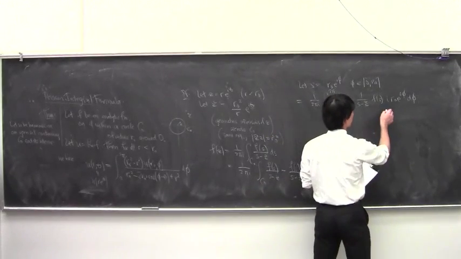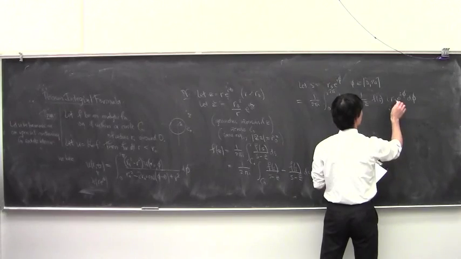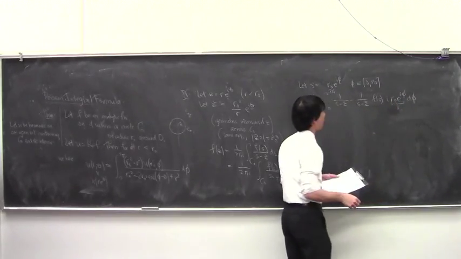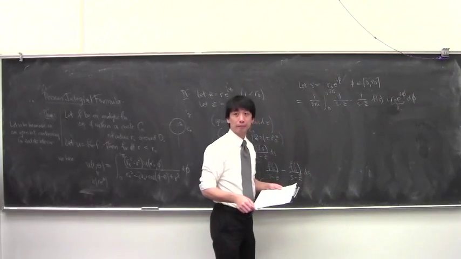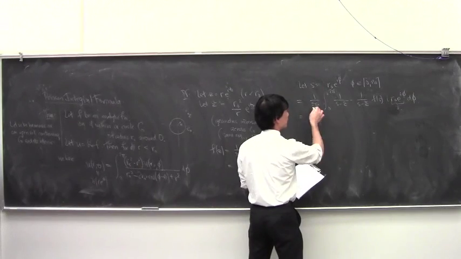Right. In other words, we get i s. This thing is your s. This is d phi. And so you get 1 over 2 pi, right? The i's cancel out.